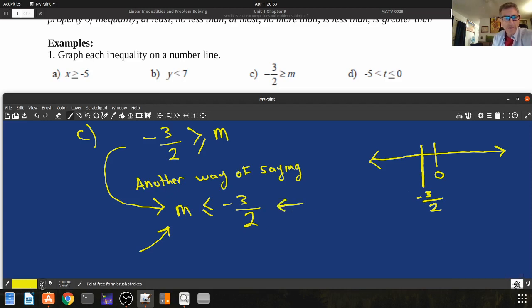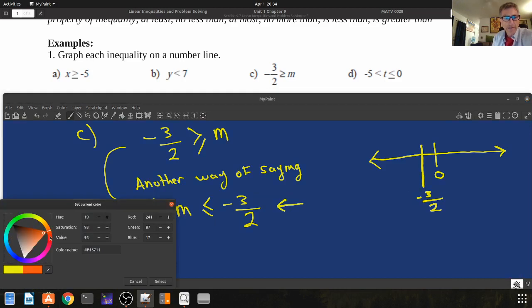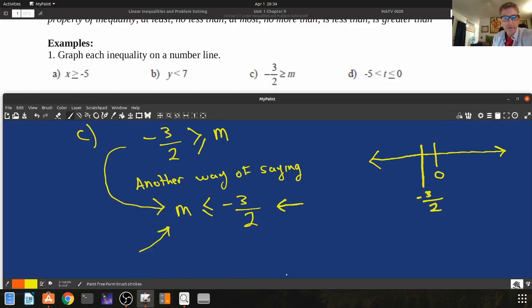So again, I come over here and I want to include minus 3/2. So I put my circle right there. And m is less than minus 3/2 or equal to minus 3/2.